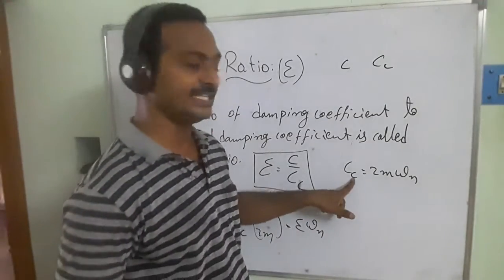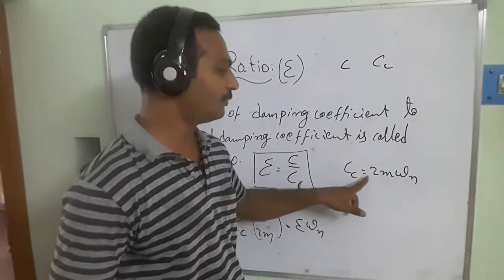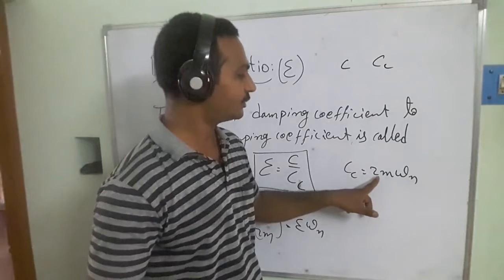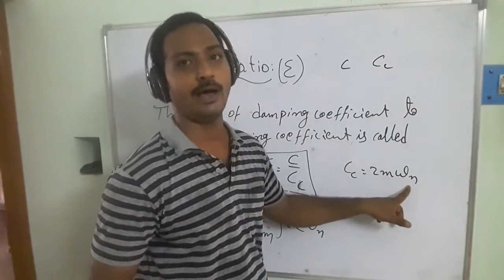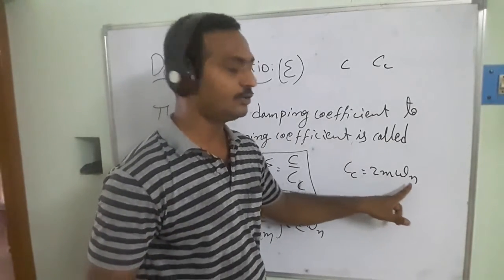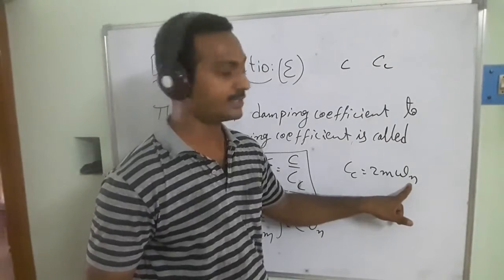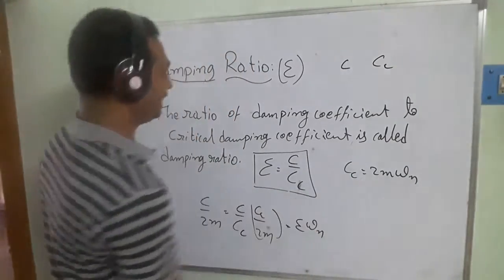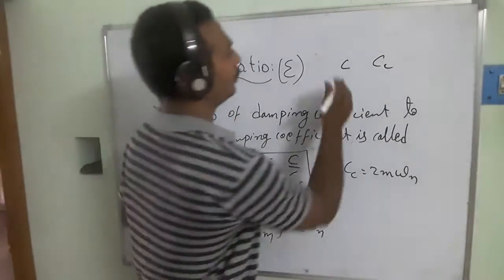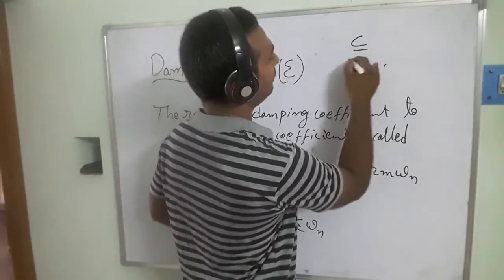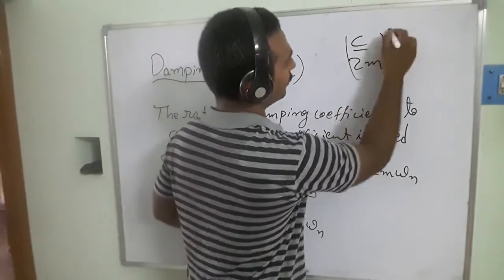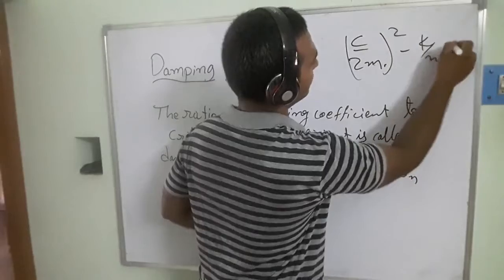Now we simplify the radical of that equation. cc is the critical damping coefficient, as we have seen previously, equal to 2 into m into omega n, that is, mass into natural frequency of that system. Now I take the radical from that equation: we have (c by 2m) whole square minus k by m equal to 0.